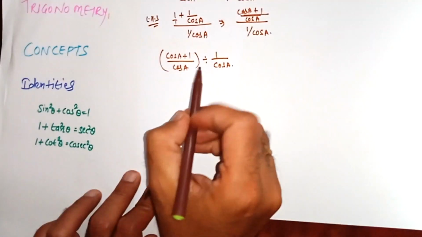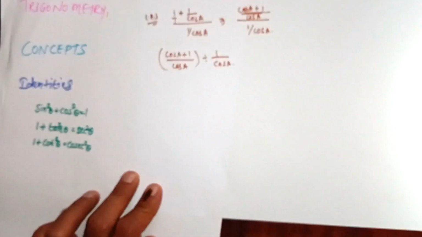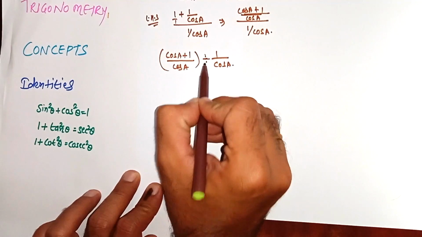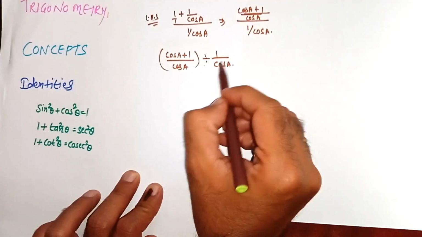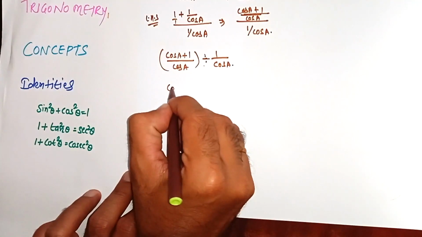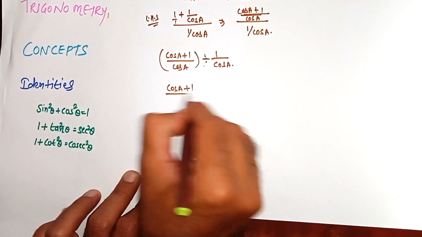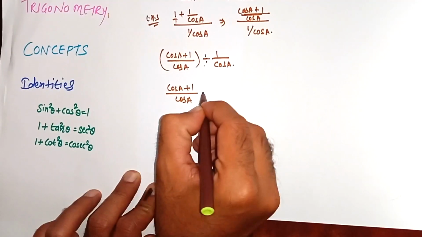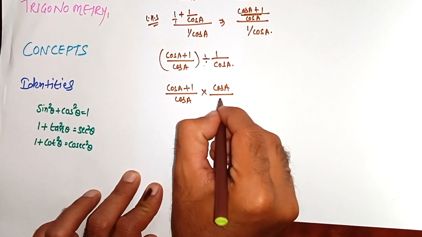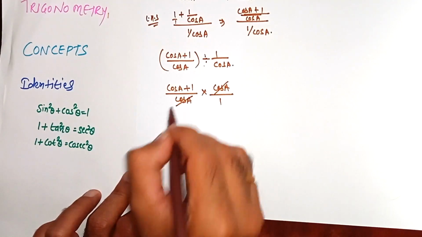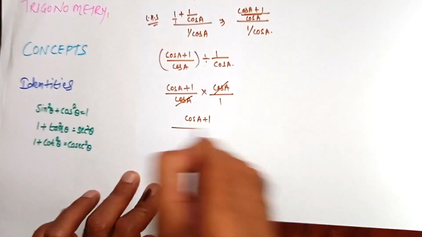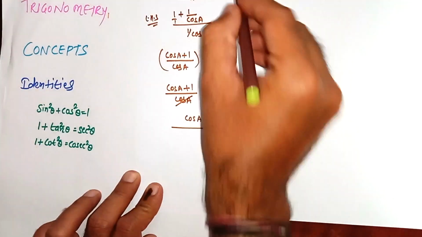I have informed you before that if we have to turn divide sign into multiplication sign, we reciprocate the latter term. So cos a plus 1 over cos a multiplied by cos a over 1. So this cos a and this cos a will be deducted. We are left with cos a plus 1, but this is not our RHS.